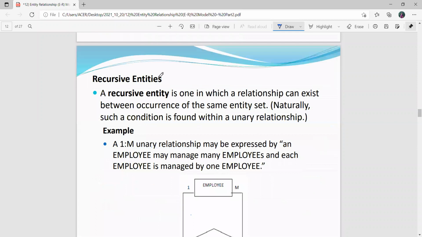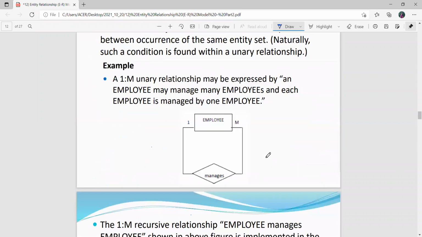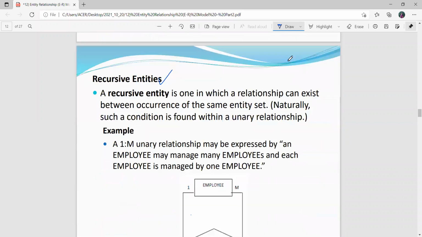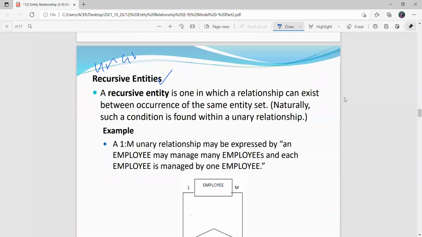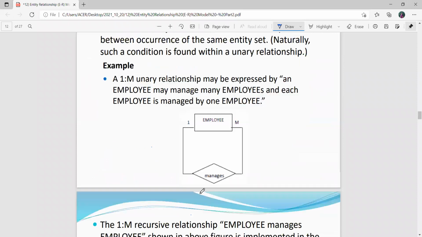Now the recursive entity. We discussed this under the unary relationship. In the recursive entity, you can see, a relationship can exist between occurrences of the same entity. So in a unary relationship, the relationship occurs within the same entity.